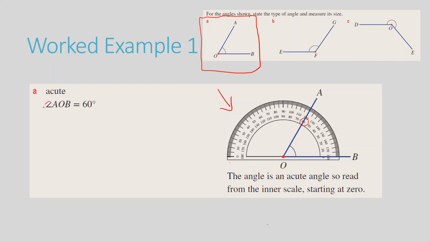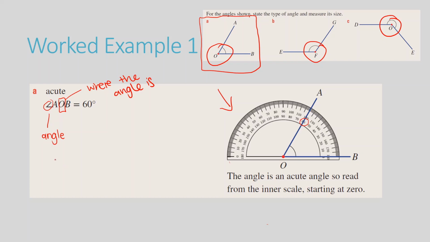This symbol here stands for angle. And the reason why you do it in this order is because the middle letter is where the angle is. You can see that over here, O is where the angle is, F is where the angle is, O is where the angle is, and that's what I would expect to see when you write your working out.